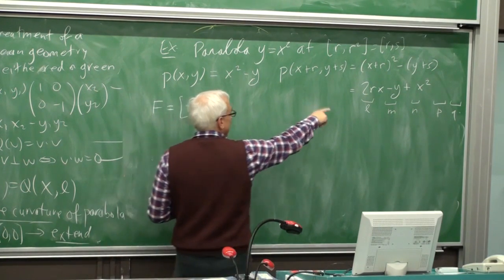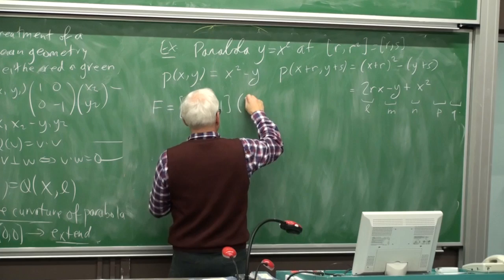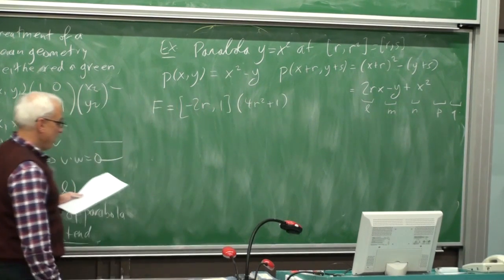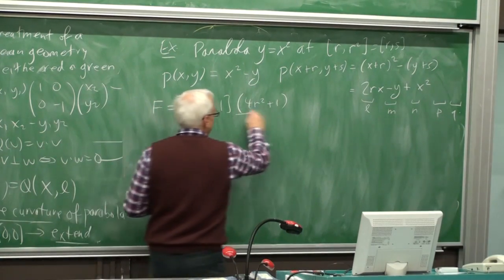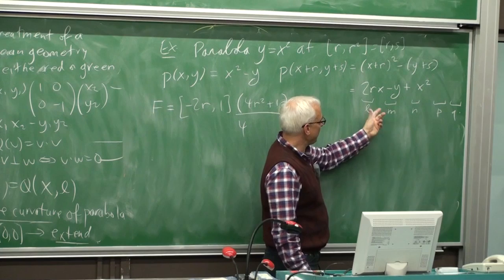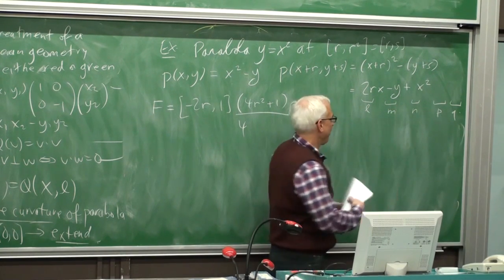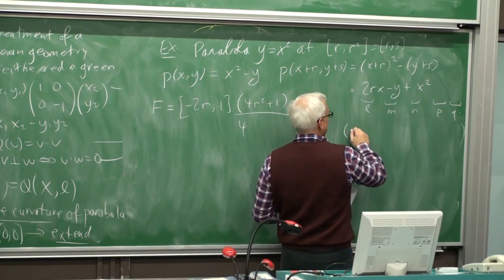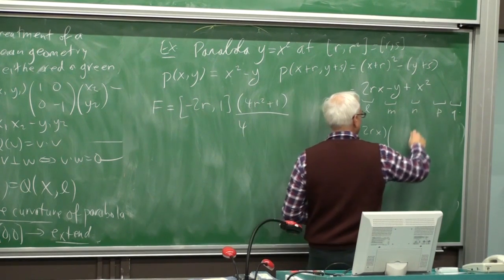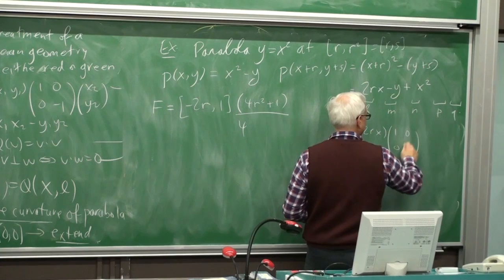It's l squared plus m squared, so that'll be 4r squared plus 1, divided by 4 times. Now we have to apply minus m l, which would be 1, r, 2rx times the quadratic form, which in this case is just 1, 0, 0.